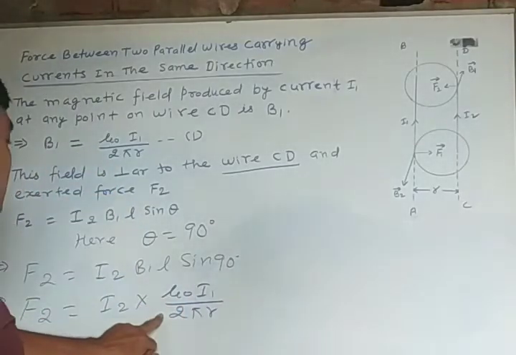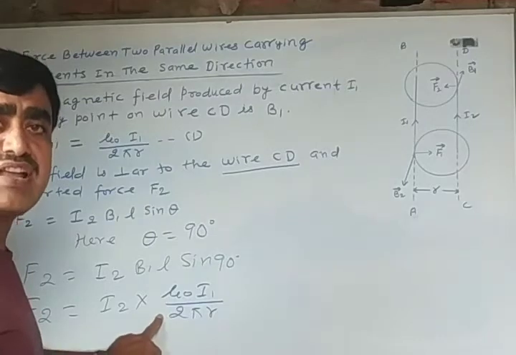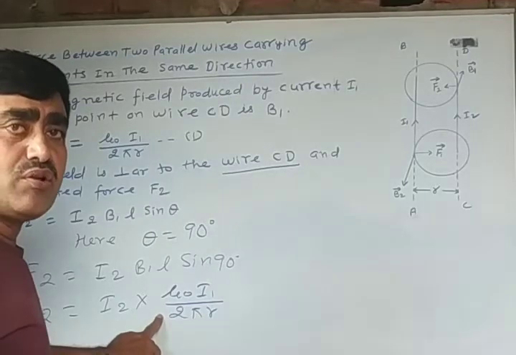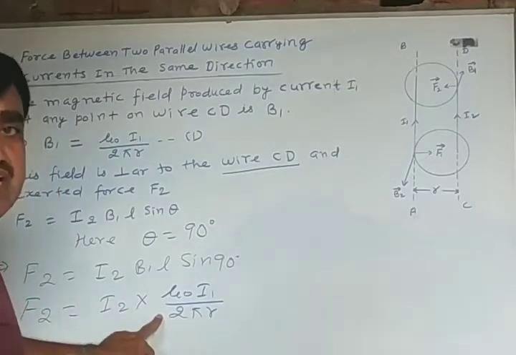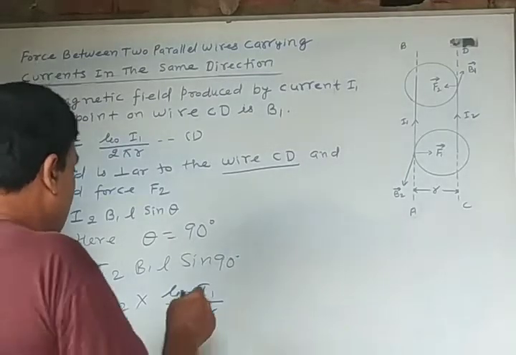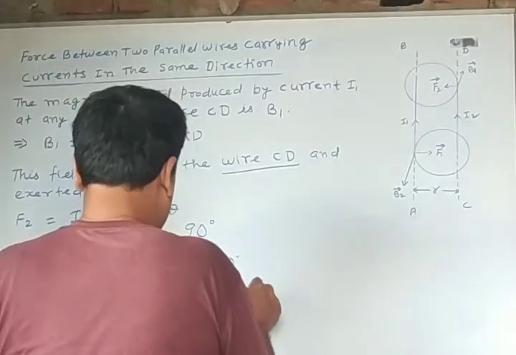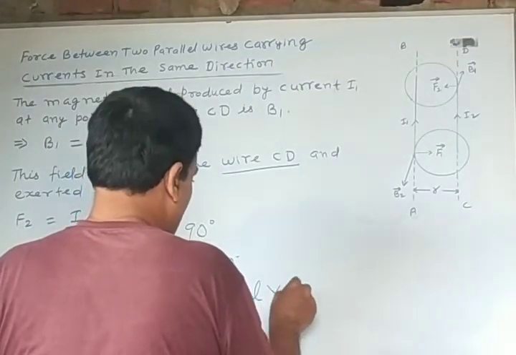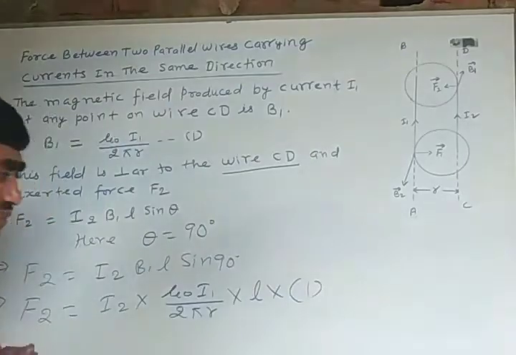This is the value of magnetic field produced by current I1 on CD, that is B1, into L into 1.